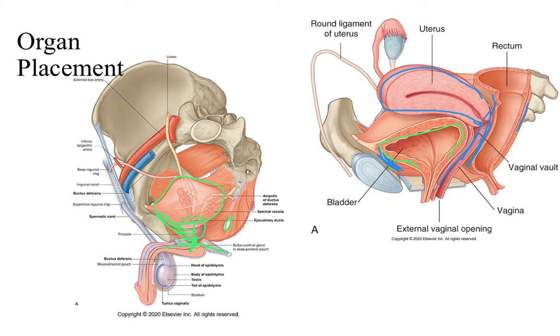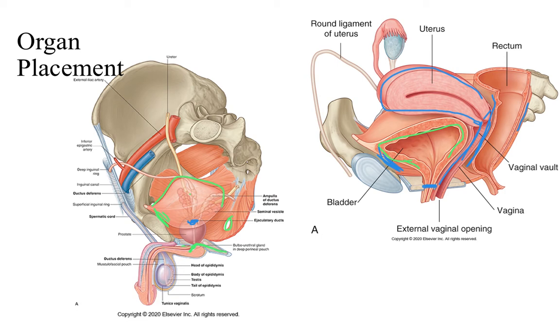Secondly, I want to point out here that in both the male and female, the external urethral sphincter is within the deep perineal pouch. And in the males, we saw the internal urethral sphincter. Let me erase something here. We saw the internal urethral sphincter here between the urinary bladder and the prostate.